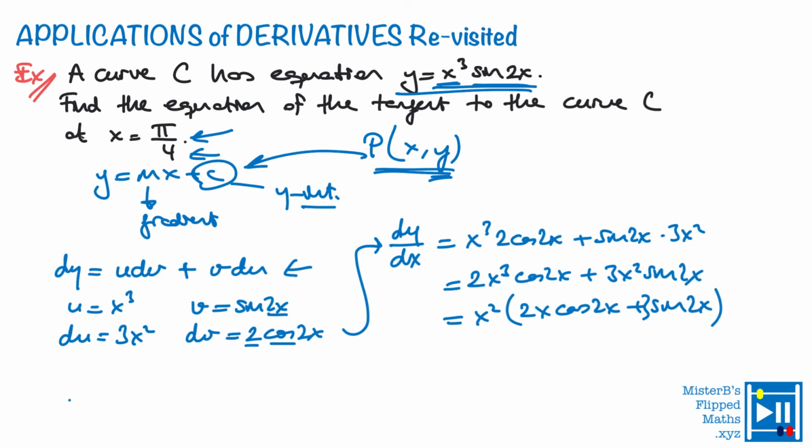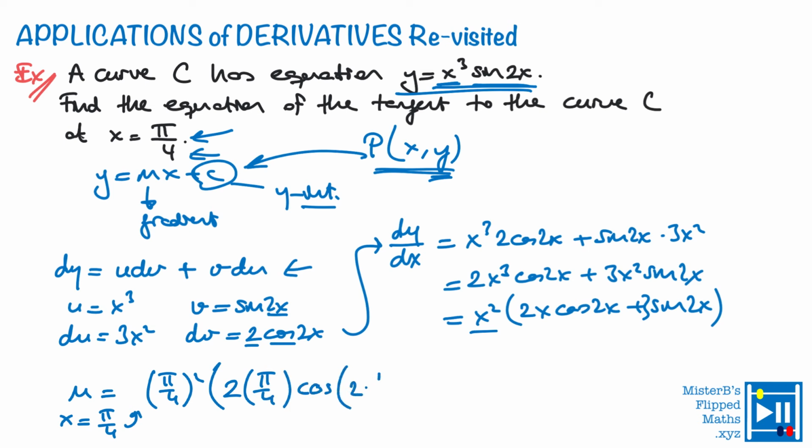Now let's find the gradient. m is equal to, when I substitute x equals pi over 4 here, pi over 4 squared, right? Brackets 2 times pi over 4 times cosine 2 times pi over 4 plus 3 sine 2 times pi over 4.